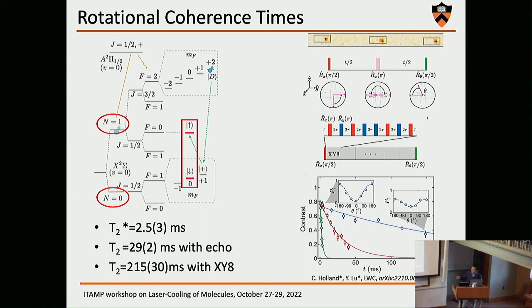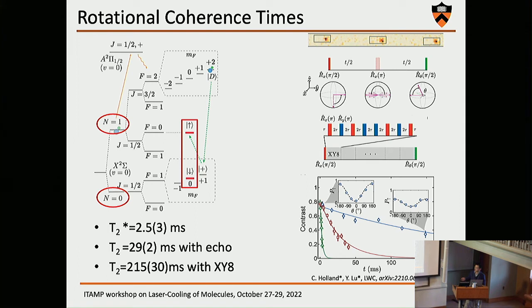So we in particular use this dynamical decoupling sequence called XY8, which essentially is just a bunch of pi pulses. And once we do that, we find that this T2 time is increased by another factor of 10 to about 200 milliseconds. Now this number actually is still significantly limited by microwave pulse errors, which can be improved in the future.